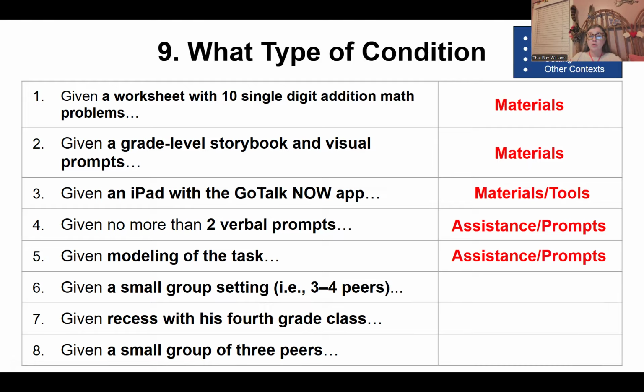Given a small group setting of 3 to 4 peers, that is a setting condition. The next one, given recess with his 4th grade class, that again is a setting. And then the last one is given a small group of 3 peers. That is other context because we're talking about group size.